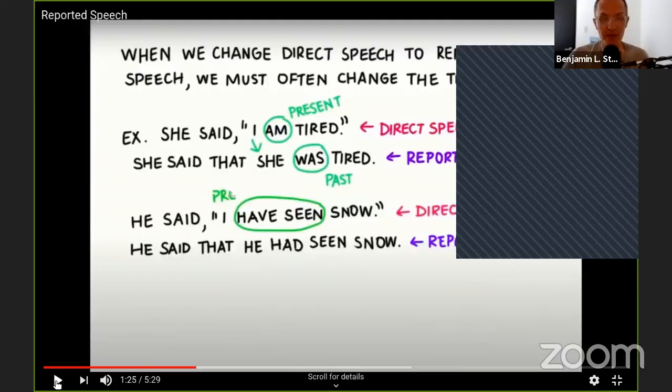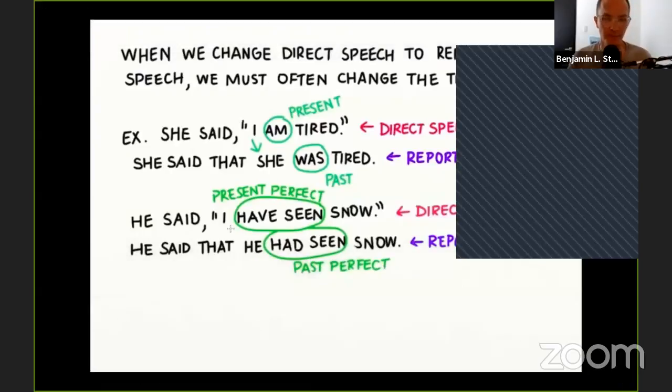He had seen snow before the moment that he said it. Both are events that happened in the past. Remember, the past perfect is a verb tense that we use to indicate something that happens before something else in the past. Notice the present perfect changes to the past perfect.